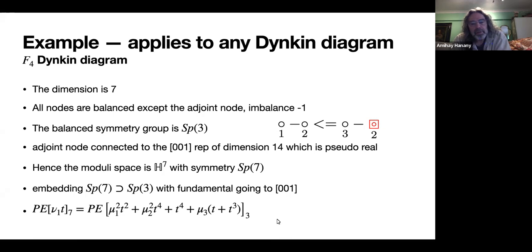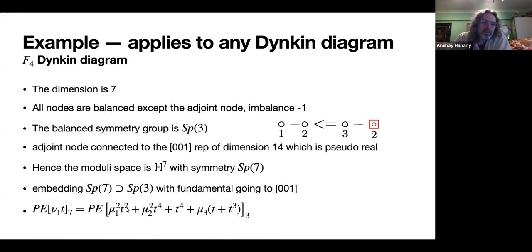On the other hand, I could just look at this quiver, and I have three topological symmetries associated to each of these nodes over here. And I can use those topological symmetries to compute the representation content under this Sp3 and sum up all of the contributions, and this is what I get. So the label 3 here denotes that those are representations of Sp3.